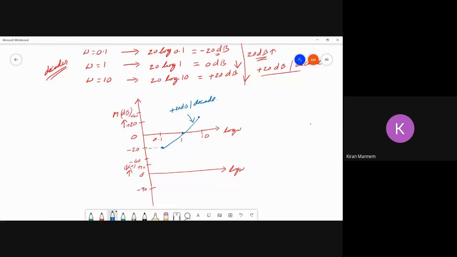Obviously it is plus 90 degrees. This is the magnitude plot and this is the phase angle plot. This is about j omega: 0 dB at omega equal to 1, a straight line with slope of plus 20 dB per decade, and phase angle equal to plus 90 degrees.